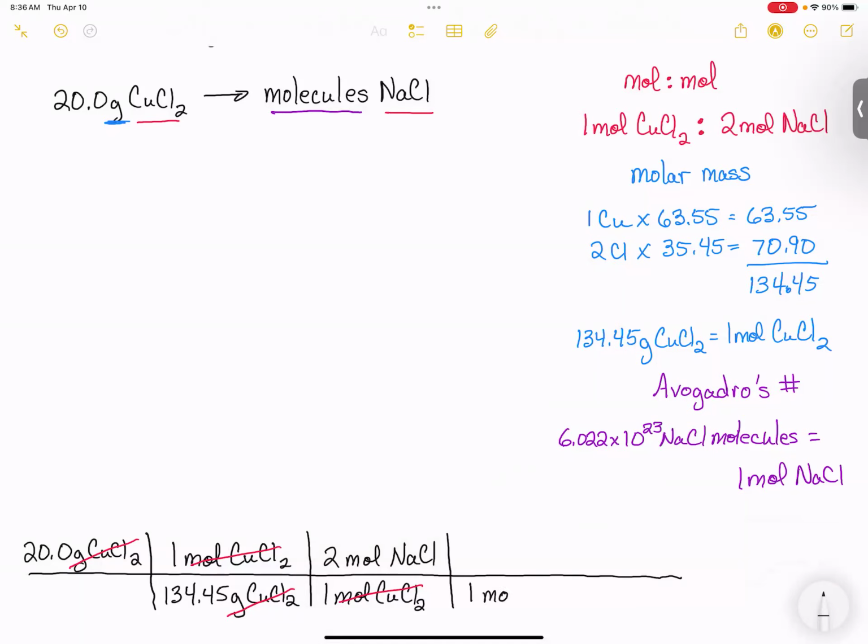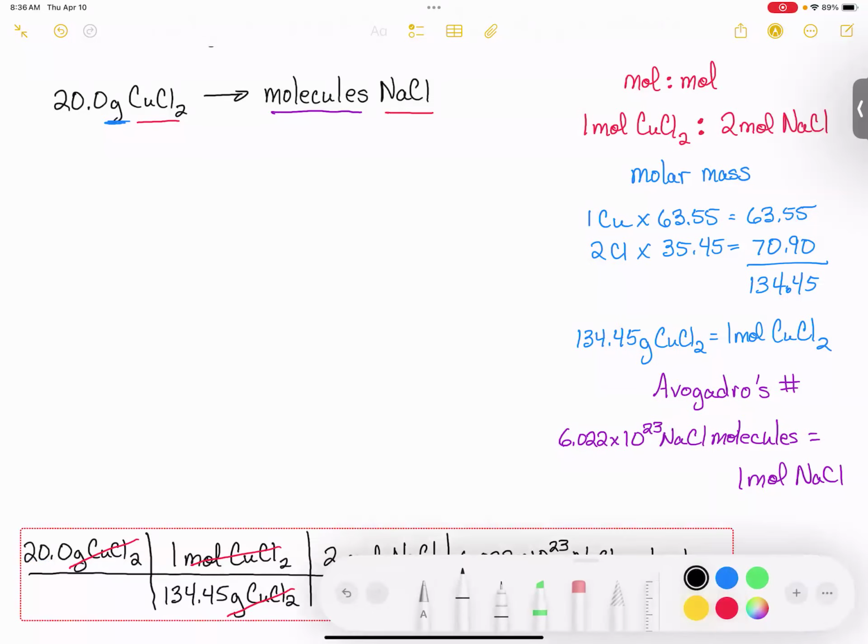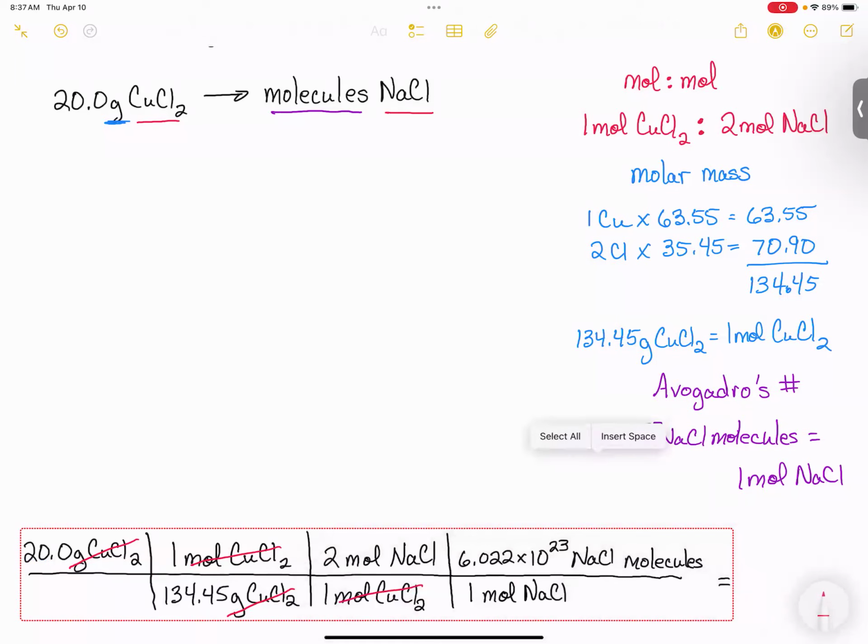With Avogadro's number, the 1 mole of NaCl is going to go in the denominator, and the 6.022 times 10 to the 23rd NaCl molecules will go in the numerator. We place the moles of NaCl in the denominator so that the unit and the substance would cancel out, leaving you the molecules of NaCl.